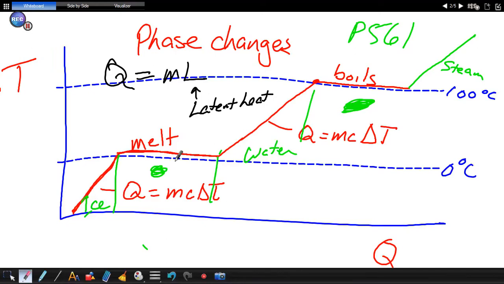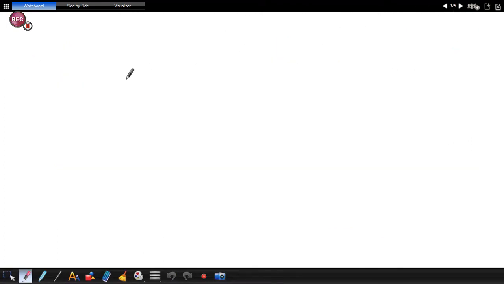So let's actually walk through a problem. This is going to be number 6 in the homework. We're just going to do it straight out. So we're going to change back to red.